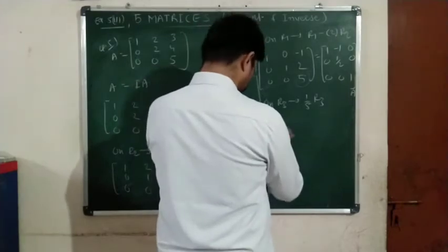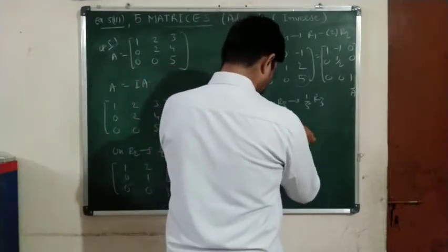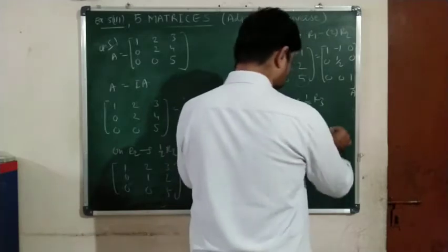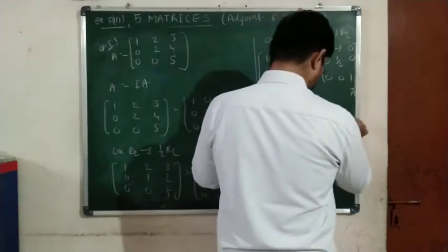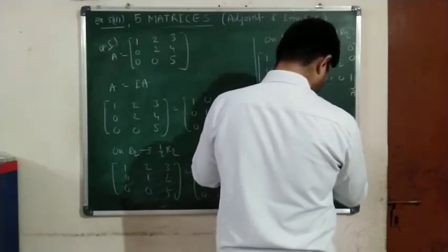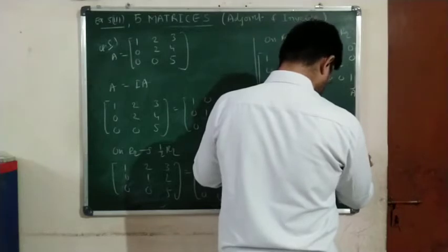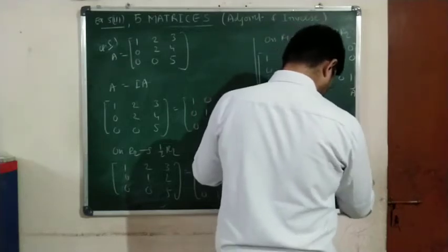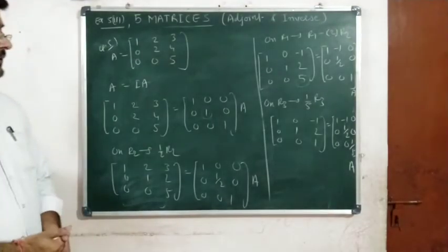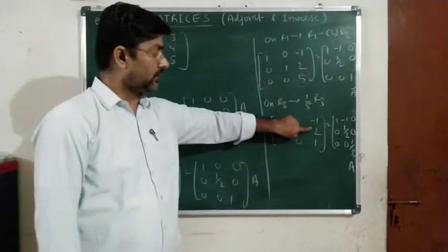So 1 0 0, 0 1 0, minus 1 2 1 is equal to 1 minus 1 0, 0 1 by 2 0, 0 0 1 by 5. Yes or no? So far we got 1 over here, now here 0 and 0.